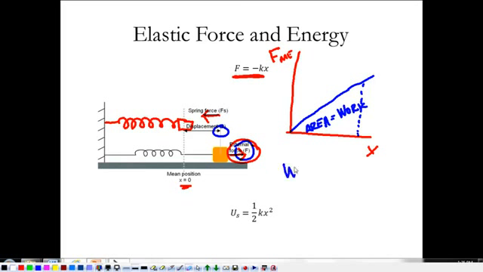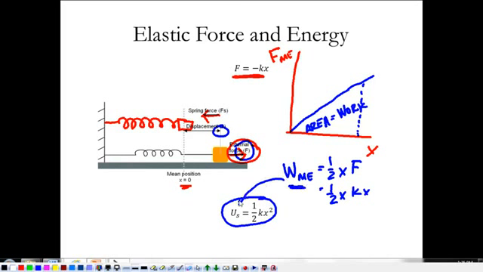So my work that I'm doing against the spring is 1/2 times x times the force, which is 1/2 times x times kx, which is what gives me the 1/2 kx squared. All of my work is being done against the spring.